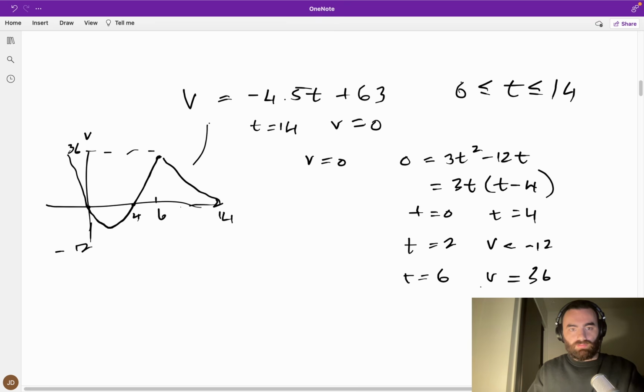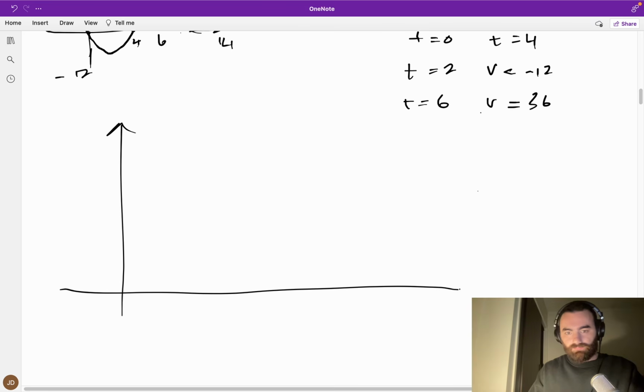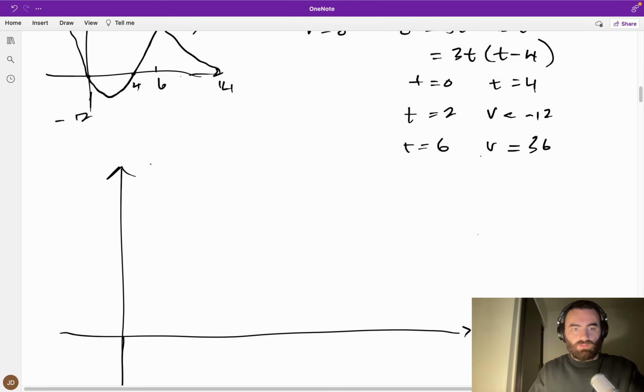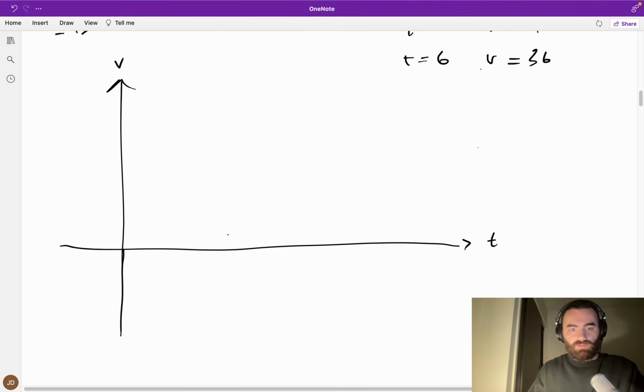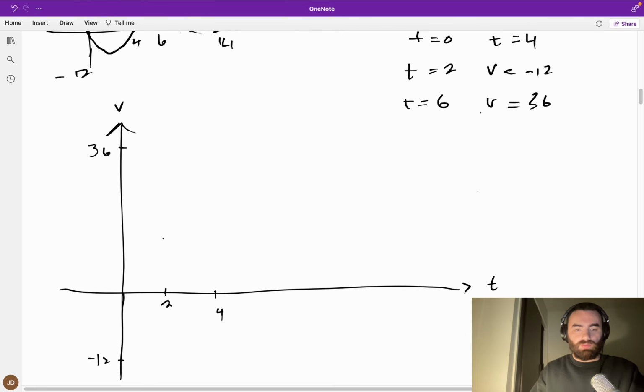So let's just sketch it nicer. I'm not going to do it too well because you'll get the idea. So we have this thing. Let's say this is 4, this is 2, this is negative 12, and this is 36. You could do it better than this, but I'm just trying to save time.